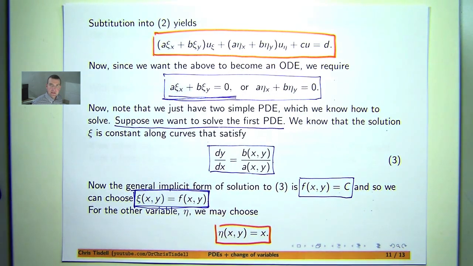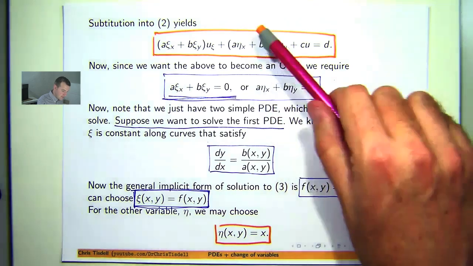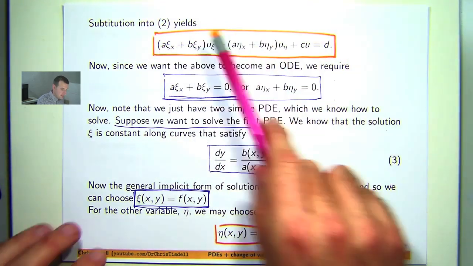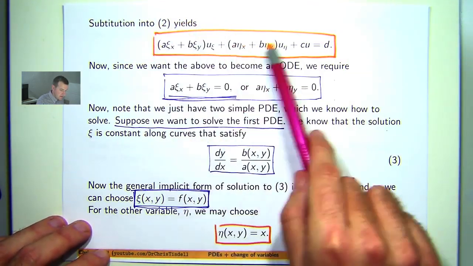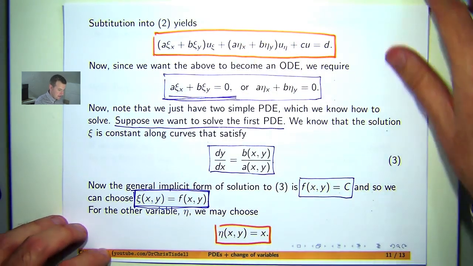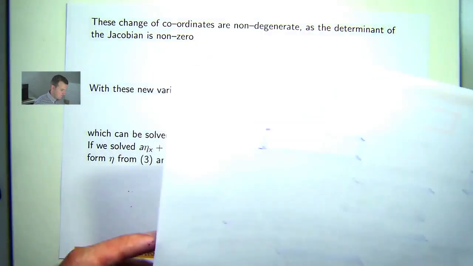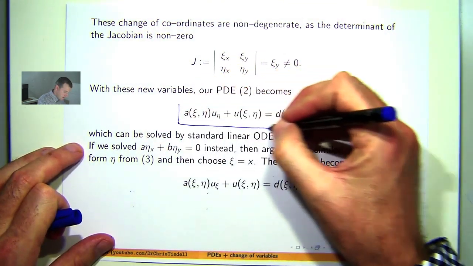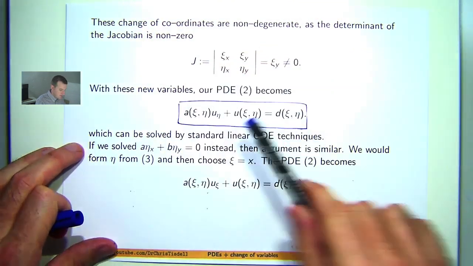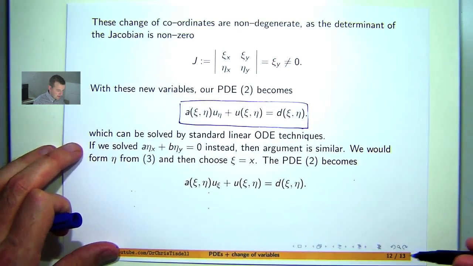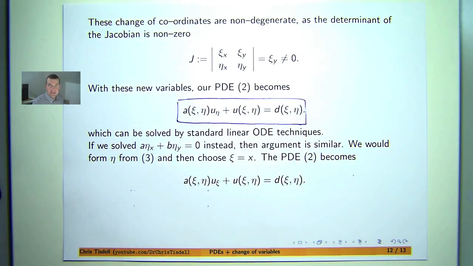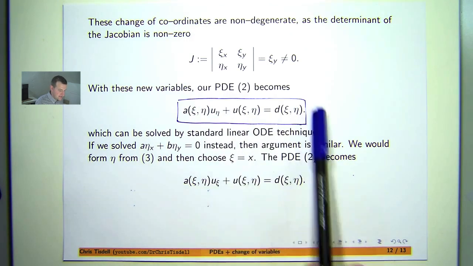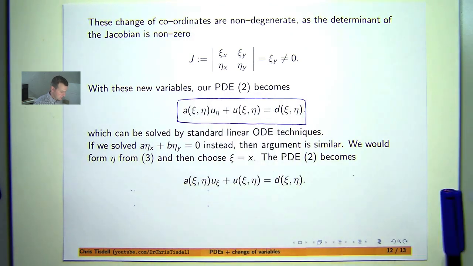So then we've simplified this enormously. This term will disappear, and we'll just get something like the following. So here, this is a PDE where only one derivative of the unknown function is present. So this can be solved by standard ODE techniques.